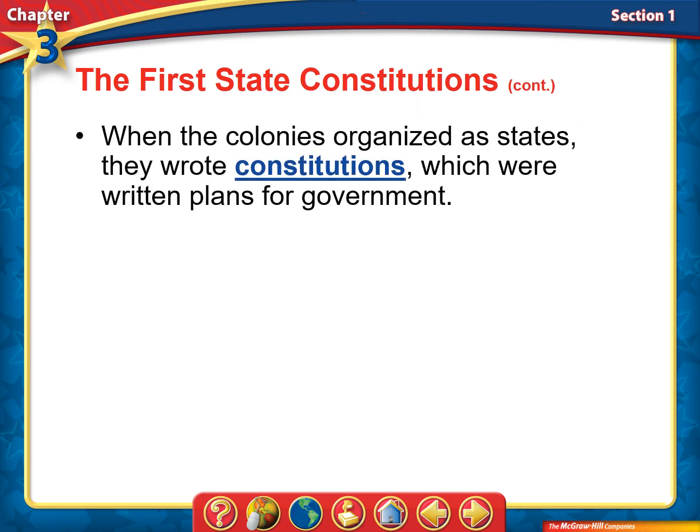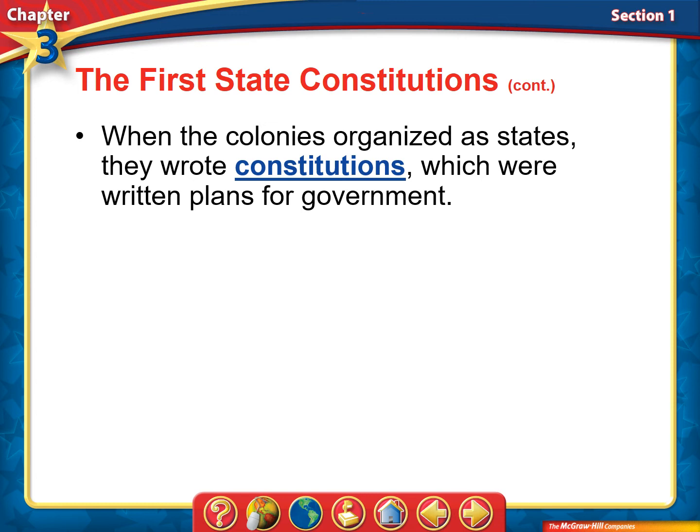So when the colonies organized as states, they wrote constitutions, and by that I just mean a detailed written plan for government. One of the interesting notes here is that none of these constitutions were perfect the first time around.